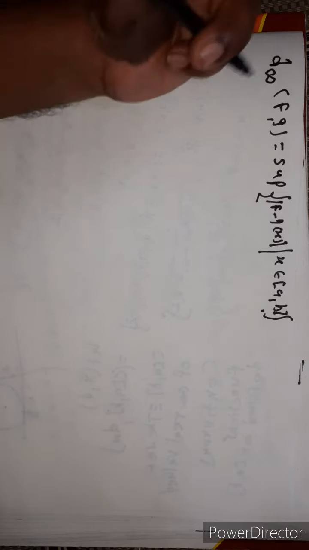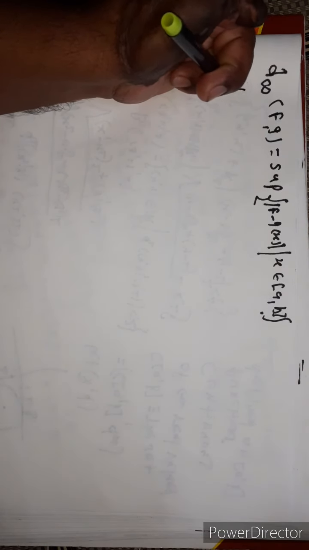We see f and g are functions which are continuous on the closed interval [a,b], that is, f and g belong to C[a,b]. Now we define the d infinity distance between f and g as equal to the supremum of the set of |f(x) minus g(x)| such that x belongs to [a,b].